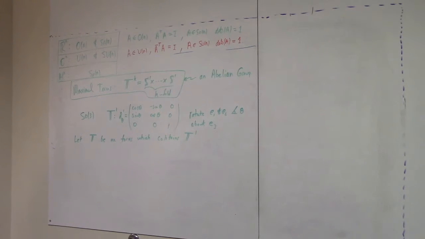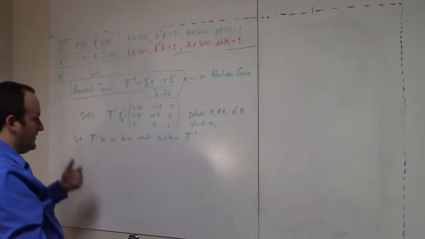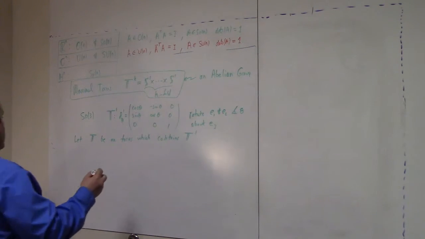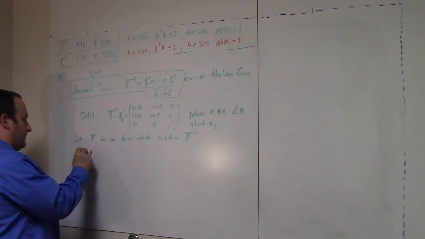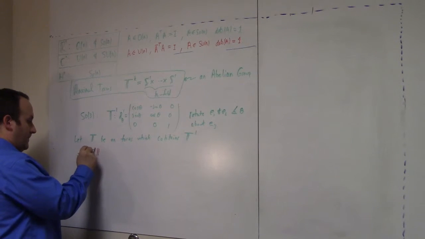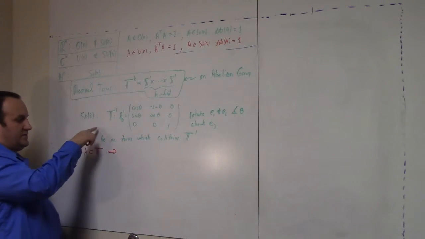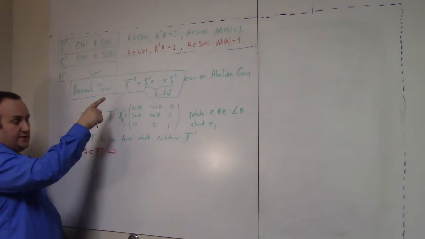Alright, so he's like, if A is an element of T, then what can we say if A is an element of T? So it's a torus, right? So it's abelian.